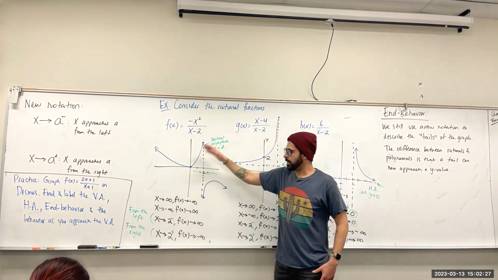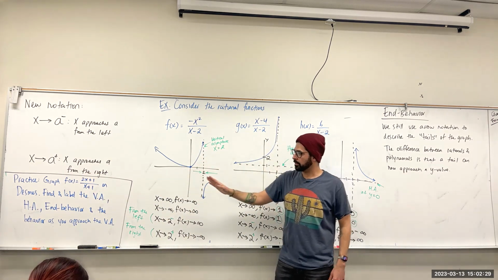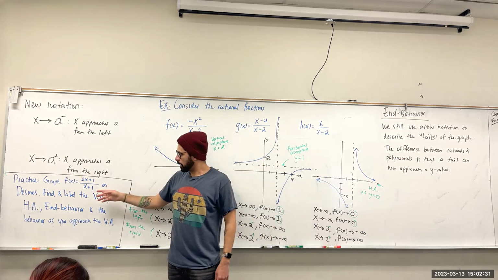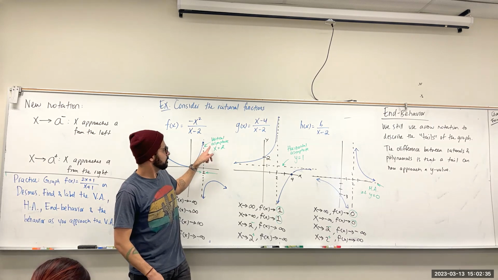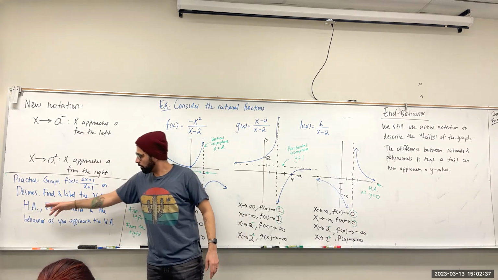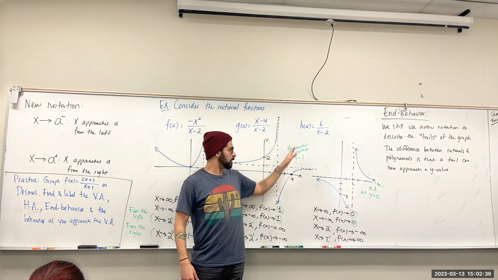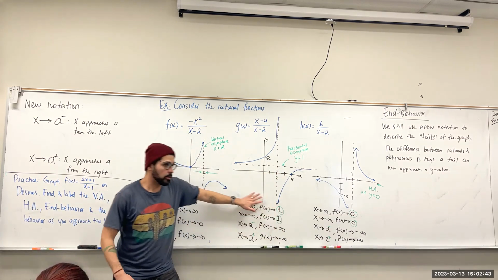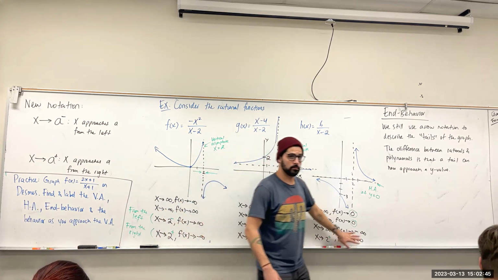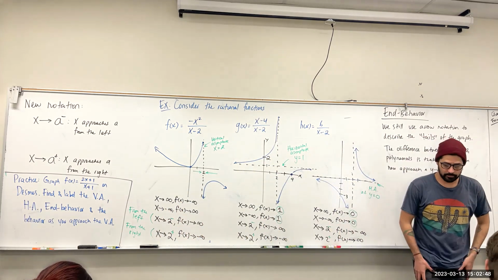Try to label any intercepts as clearly as you can. And then label the vertical asymptote, the way we did it here. Label horizontal asymptotes the way we did it here. And then label it with all this new notation that we just did. Okay?